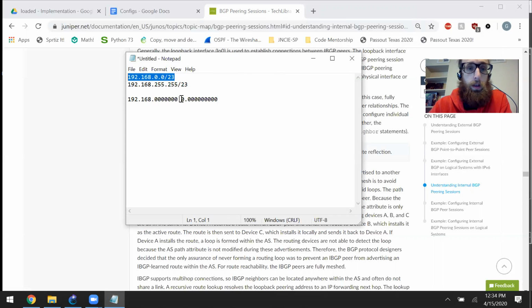So the broadcast address is just going to be all of the host bits flipped to on, and you only get one host bit in the third octet, so it's going to be .1.255 as the broadcast address for this /23 subnet.